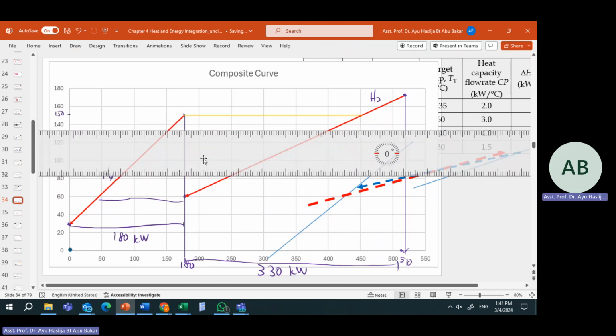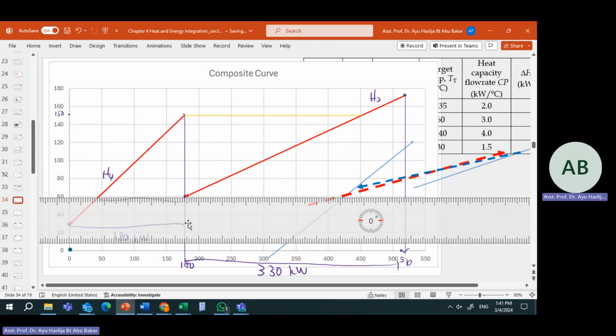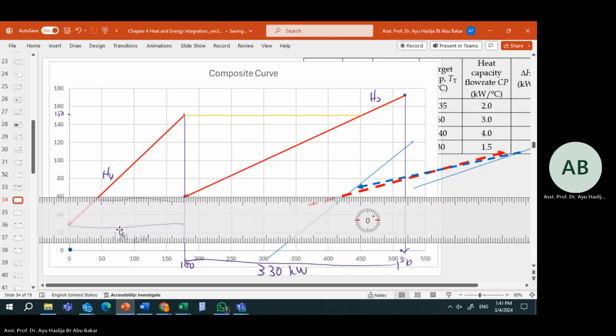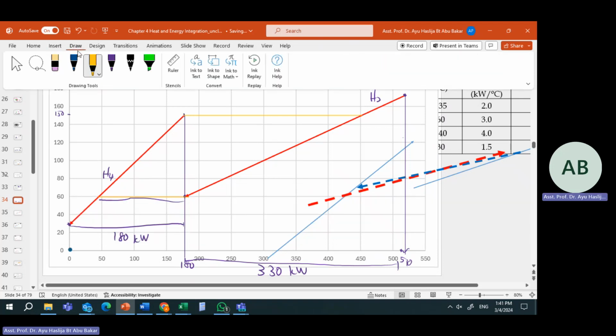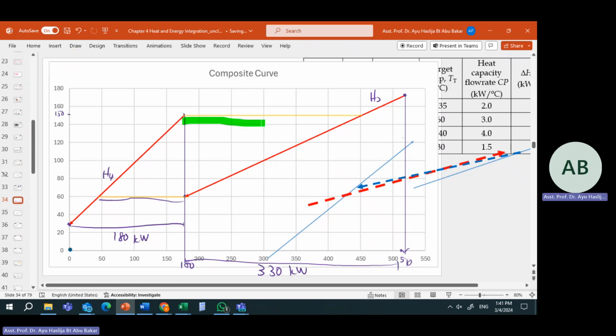Okay, so between that point and this point. Okay, so this is your overlap area for the hot stream.